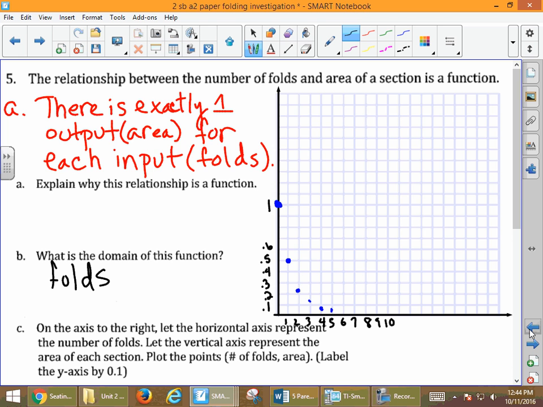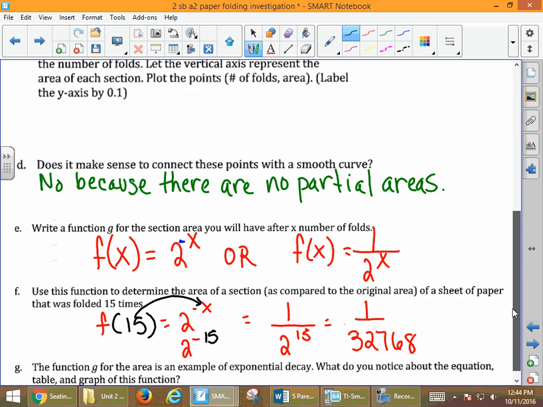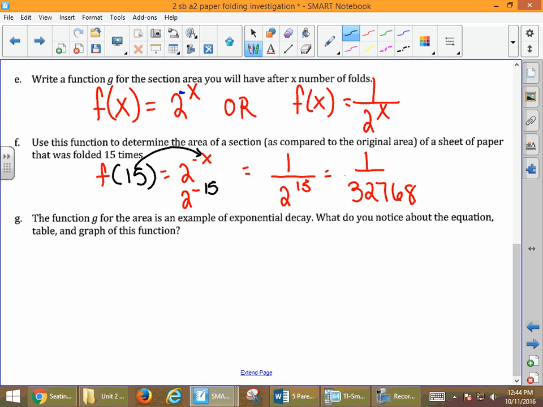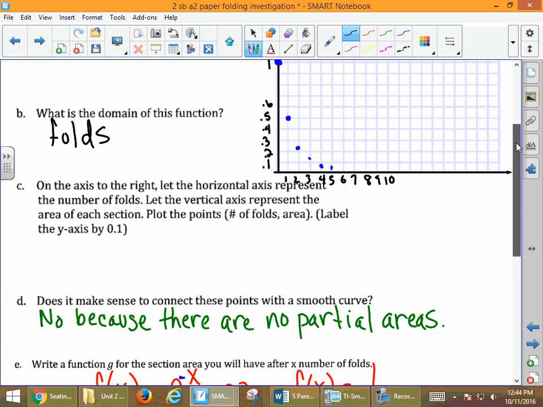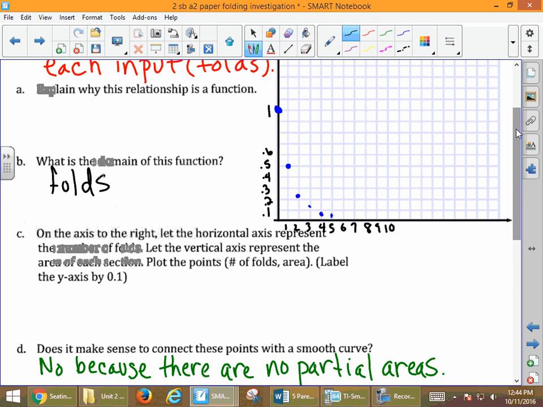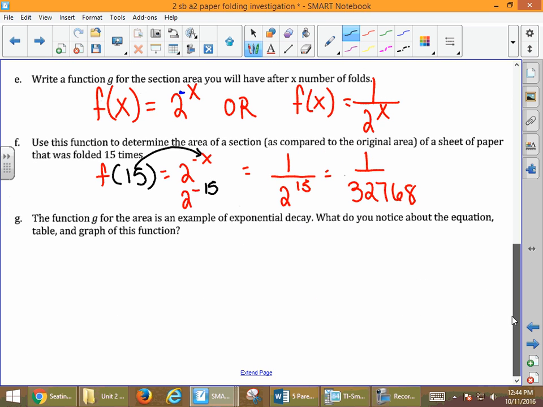As I go back here and fill in this last part, I wanted to not run out of time on that last part. This function g, when we go back and look at the picture, it's an example of exponential decay. Well, if we look at the graph, decay goes with decreasing. We started high and we got lower.